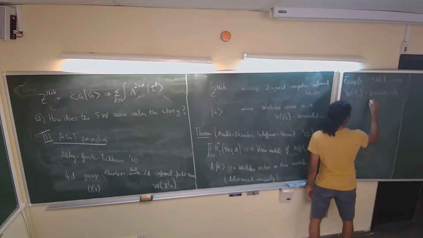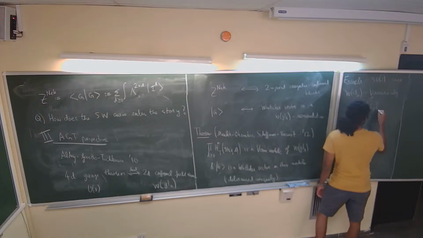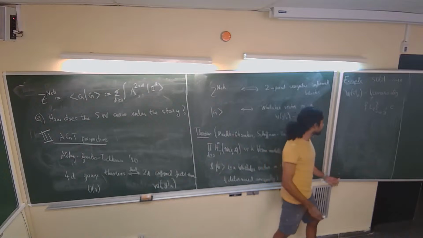You quickly recall, it's an infinite dimensional Lie algebra with generators denoted L_i, where i is anything in Z, and a central element C that commutes with all of these generators.